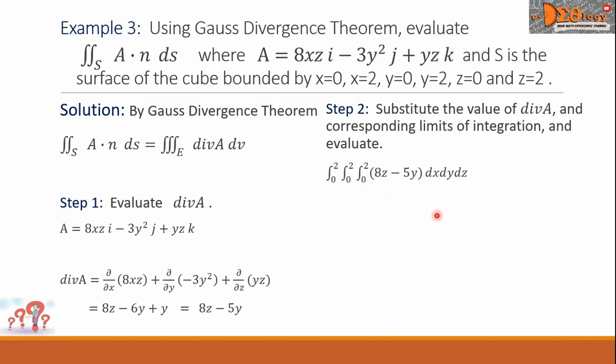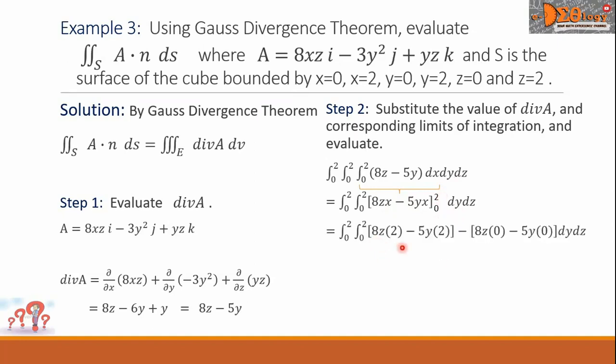Now, let us begin the integration, starting with the innermost integral. The integral of 8z with respect to x is 8zx minus the integral of 5y with respect to x, which is 5yx. Now, let us evaluate this with respect to the limits from 0 to 2.